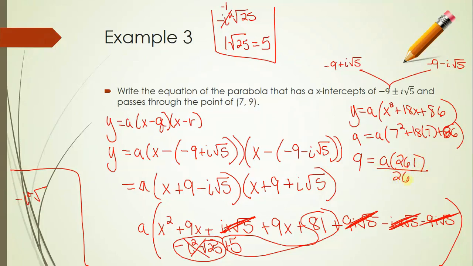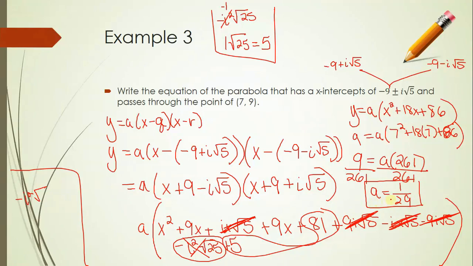Let's divide by 261 and see if that simplifies down. 9 over 261. Looks like 9 can go into both of them. If I divide them both by 9, I get a equals 1 over 261 divided by 9, which is 29. So a is 1 over 29.